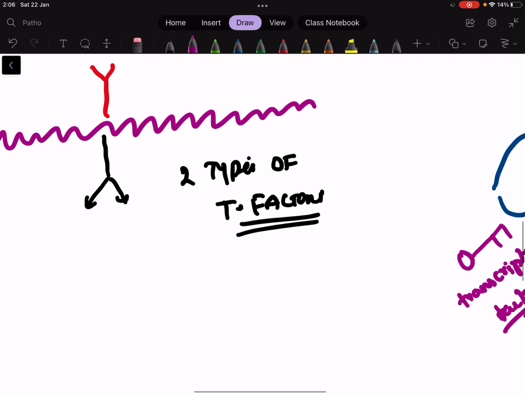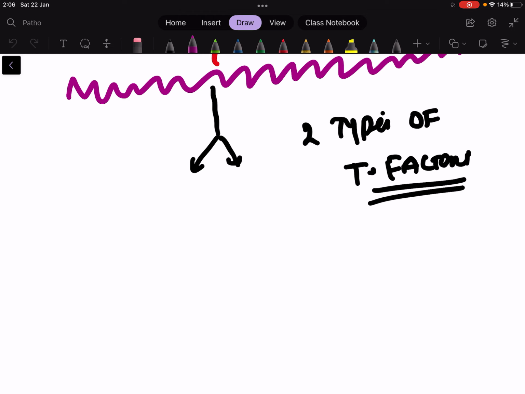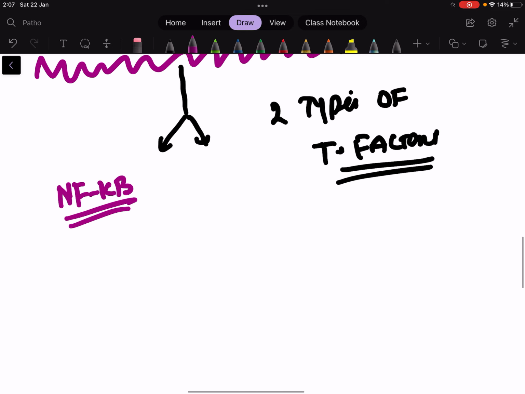And the two types of transcription factors activated once the toll-like receptors are activated are your NF-kB pathway, and not only that, the interferon regulatory factor 1 or IRF1.